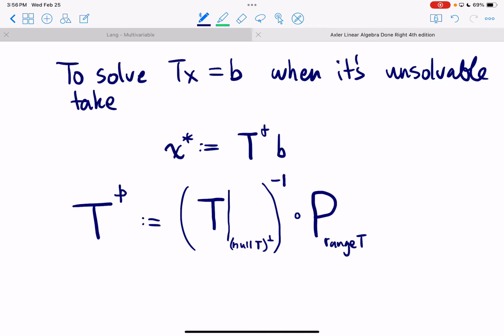This solution x star with this formula is going to be the best of the best in two ways. First, when you apply T to x star, you will be as close to b as humanly possible. That's the picture that we already did with the triangle.